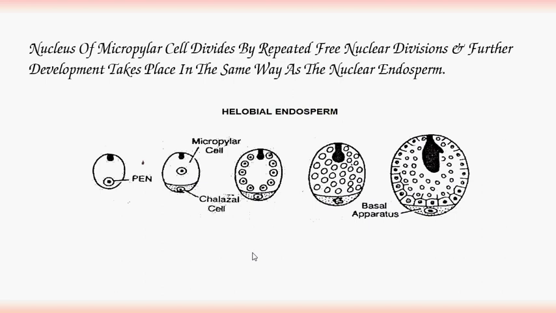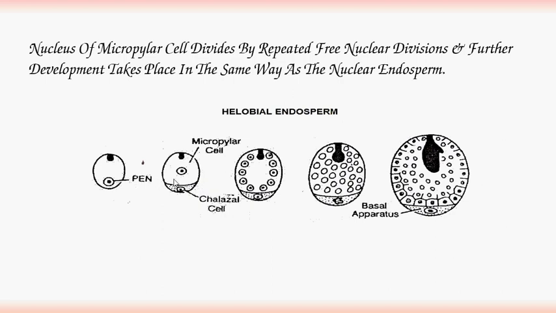Let's see the diagram. The primary endosperm nucleus undergoes mitotic division. Two nuclei are formed. It is followed by cytokinesis. So nuclear division followed by cytokinesis is the cellular type.